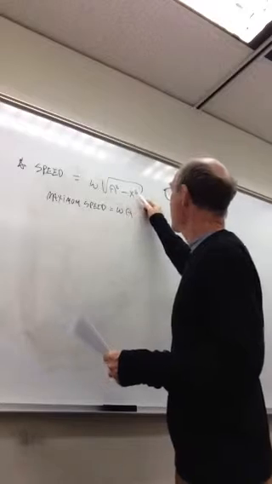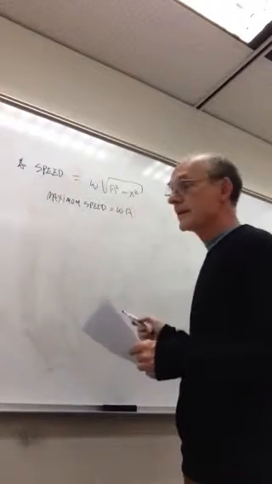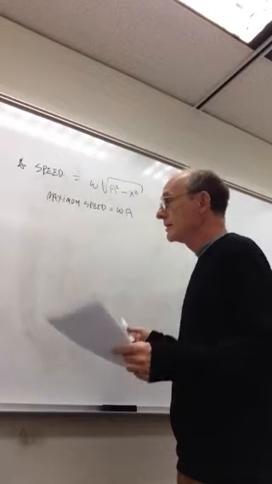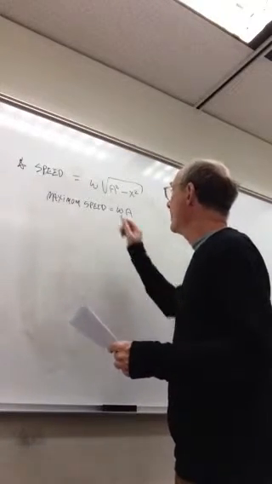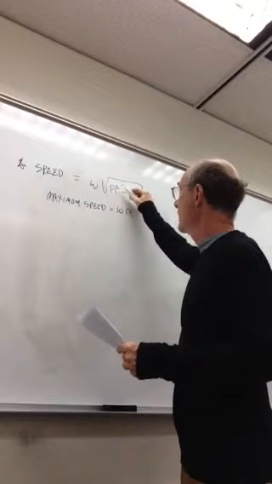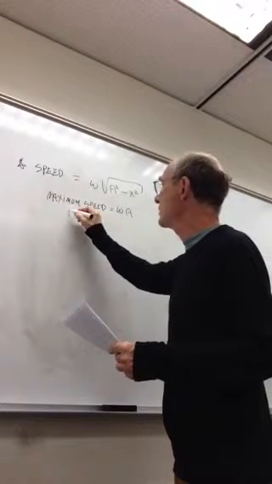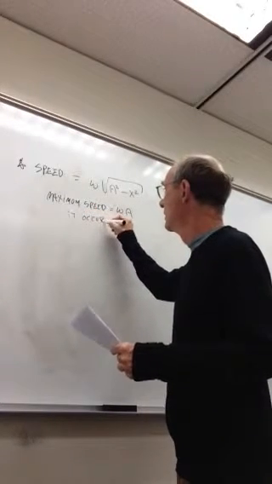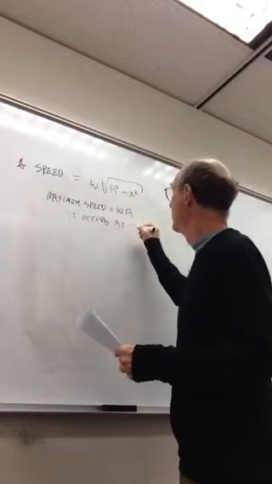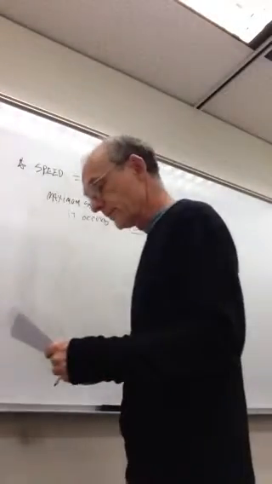Because this is minus x squared, so the smallest that x can be is 0. So the maximum speed has to be omega times the square root of A squared, or omega times A, and it occurs at x equal to 0. So that's the first result.